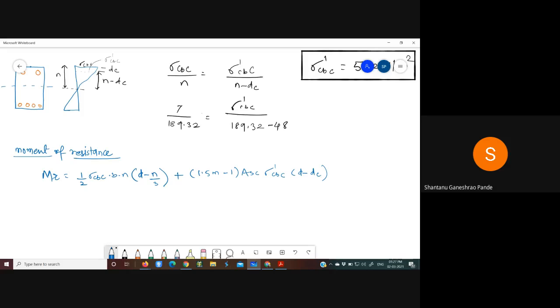Using this expression, you can find the value of moment of resistance.